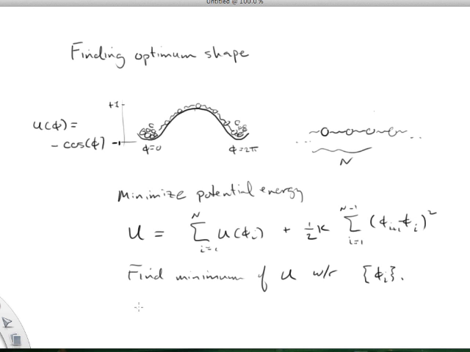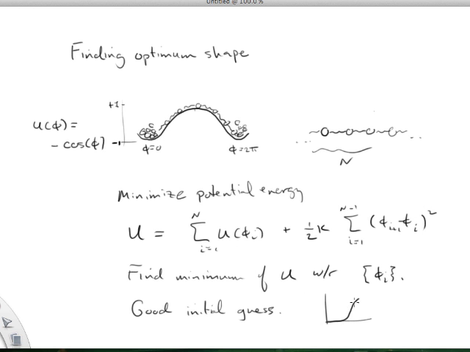And as in any kind of minimization problem, and the more so when you have many variables, you need a good initial guess, which is going to be motivated by this picture of the sort of solutions you might expect.